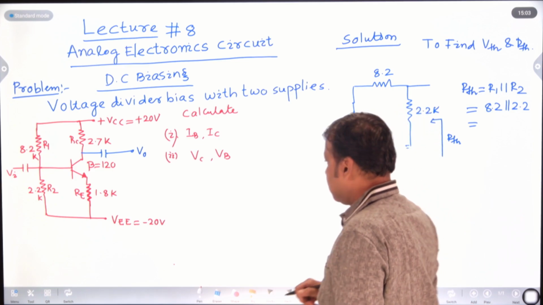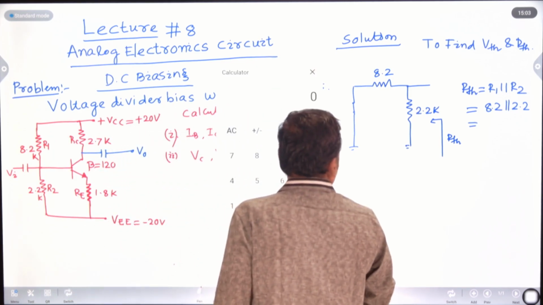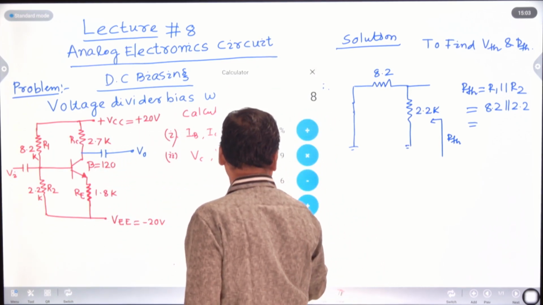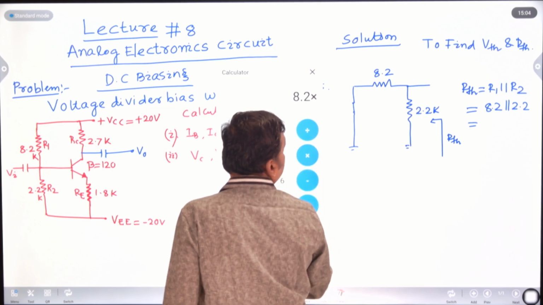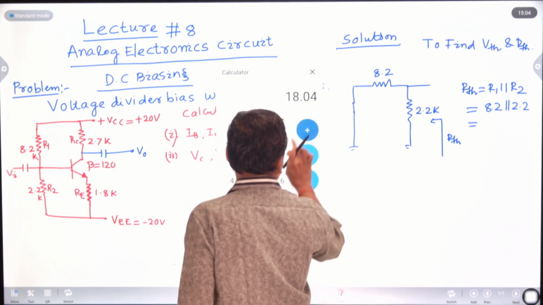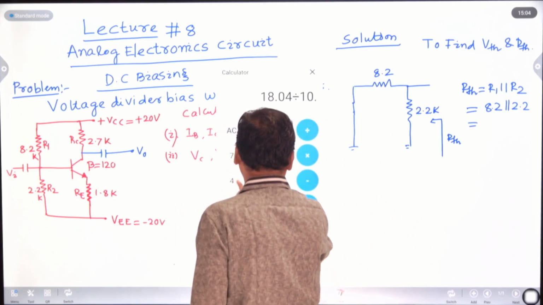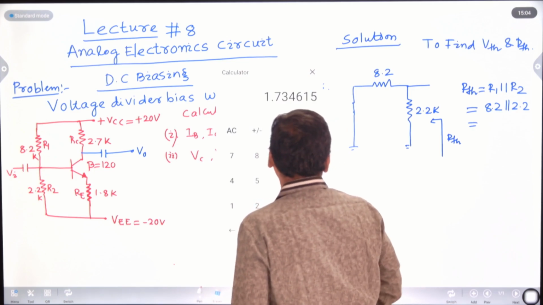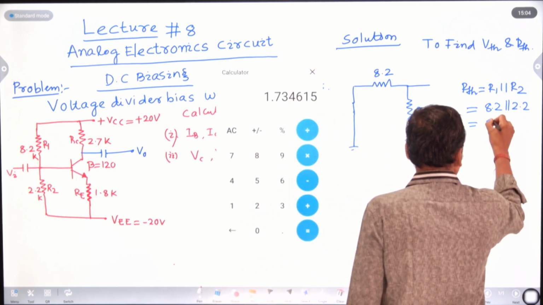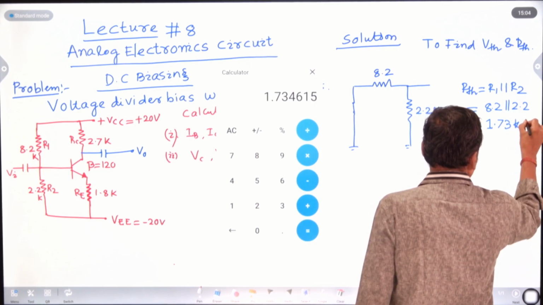Using the calculator, 8.2 into 2.2 divided by 10.4, and the value is 1.73 kilo ohm.